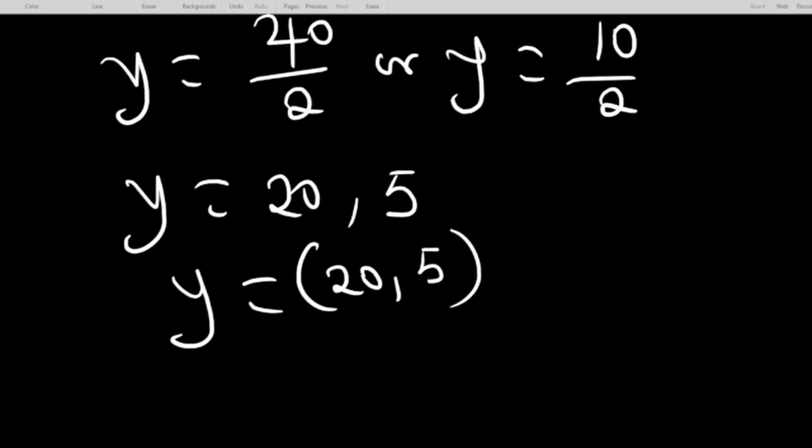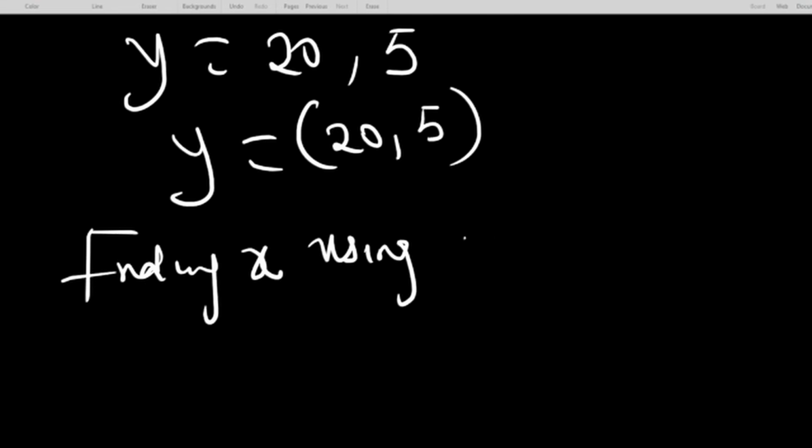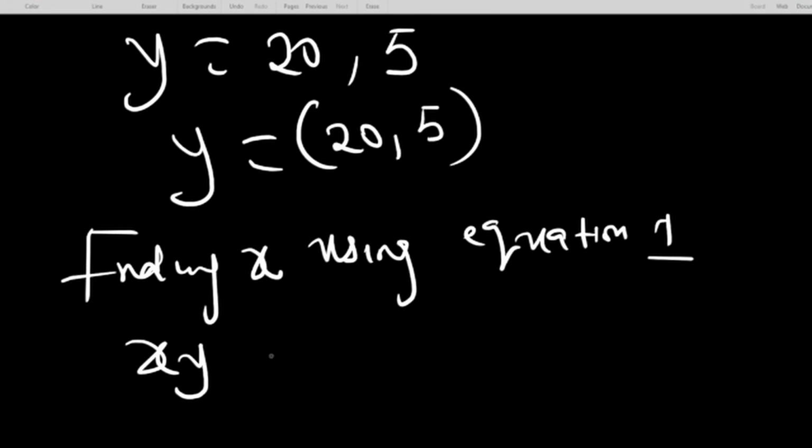Now, how do we find the values of x? You can use any of the equations to find the values of x. So I'm going to say finding x using equation 1. Now, we say xy is equal to 100.